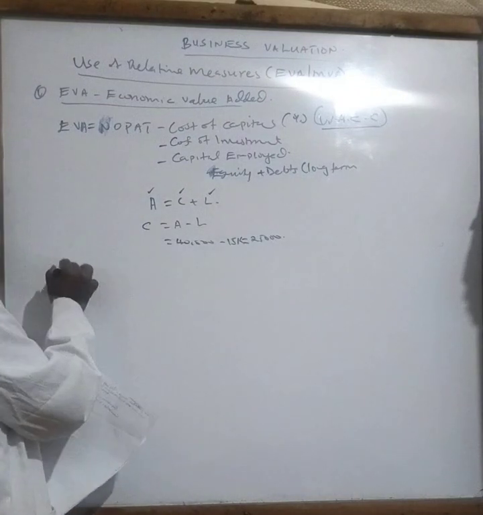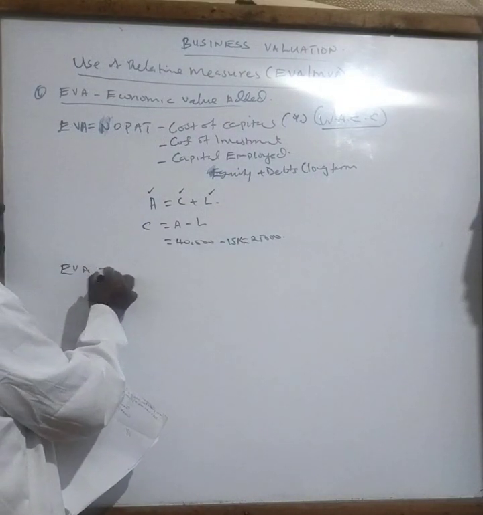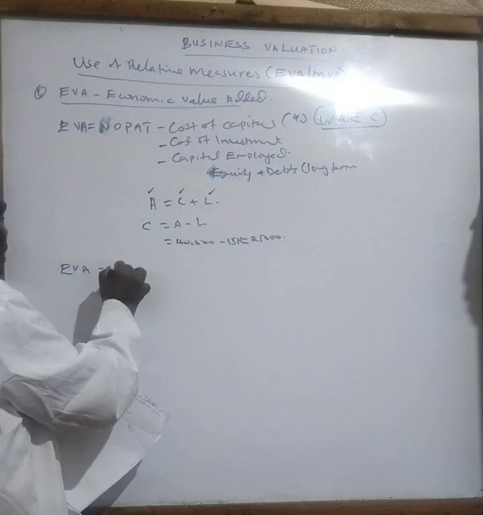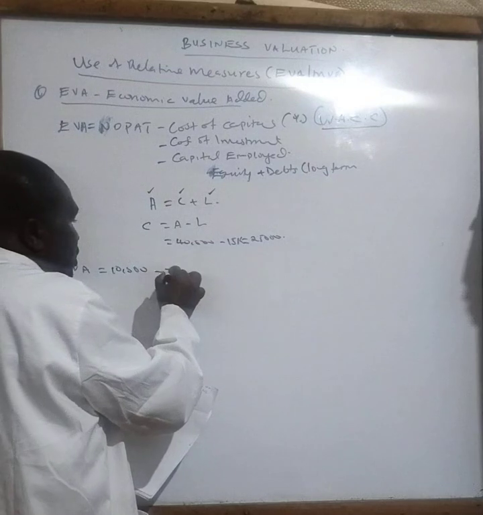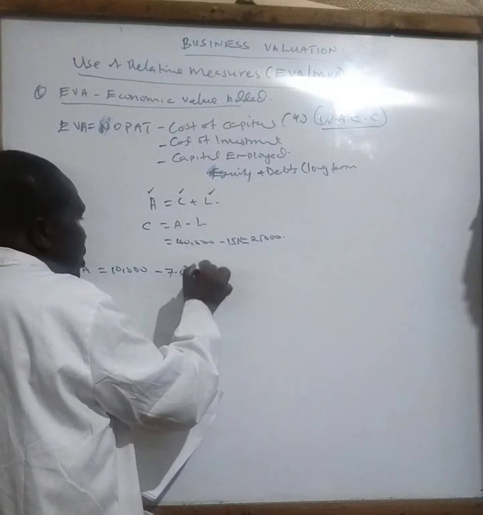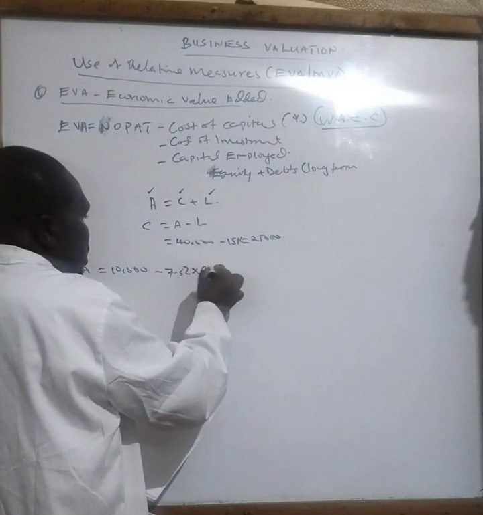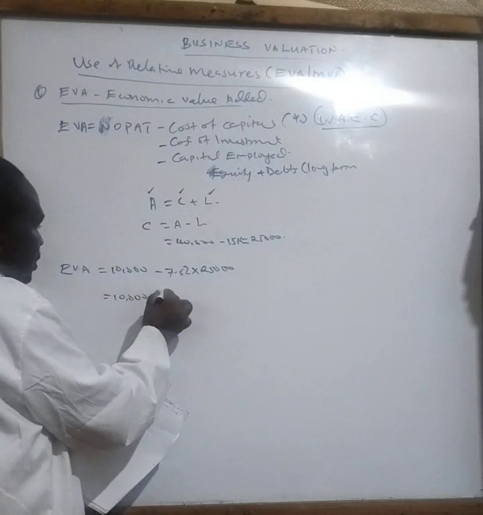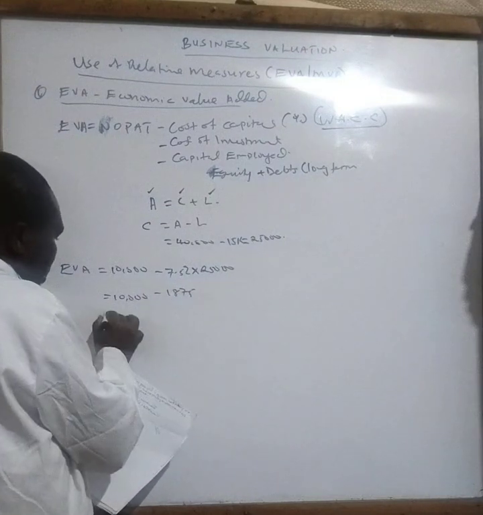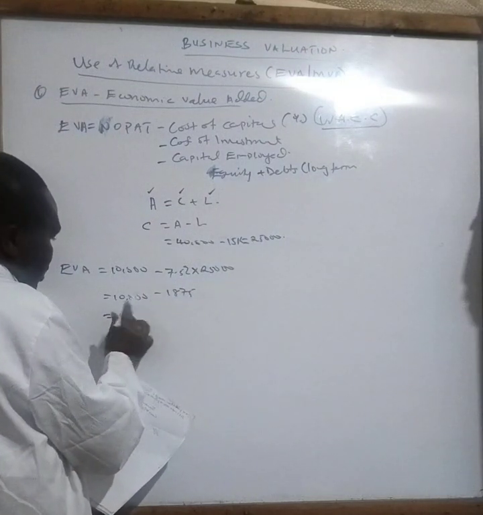Therefore EVA is given by net operating profit of 10,000 minus cost of capital. We have been told it is 7.5% of 25,000, which gives you 1,875. 10,000 minus 1,875.